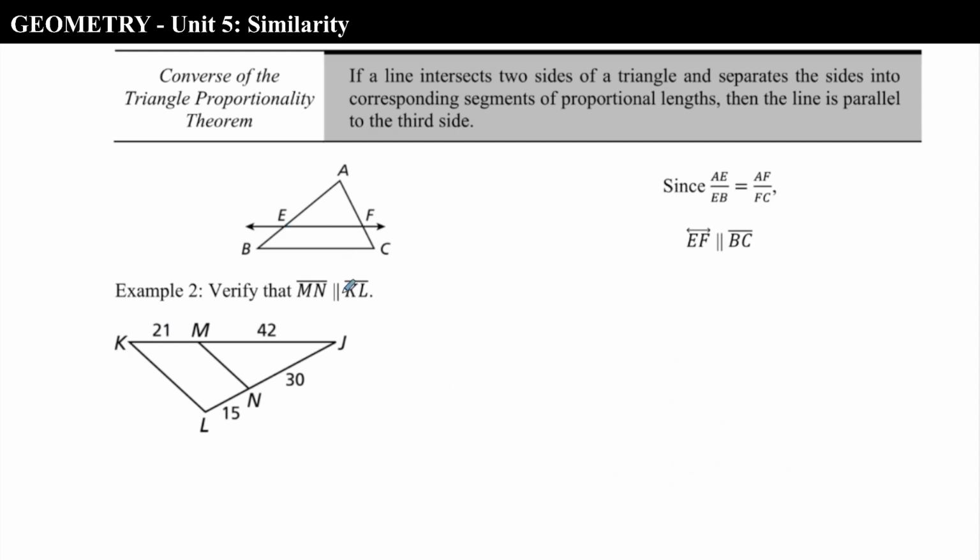So, in example 2, we're going to verify that MN and KL are parallel. Here we're given all of the measurements that we need. So let's see what JM to MK is. JM to MK is 42 over 21, and that is 2.